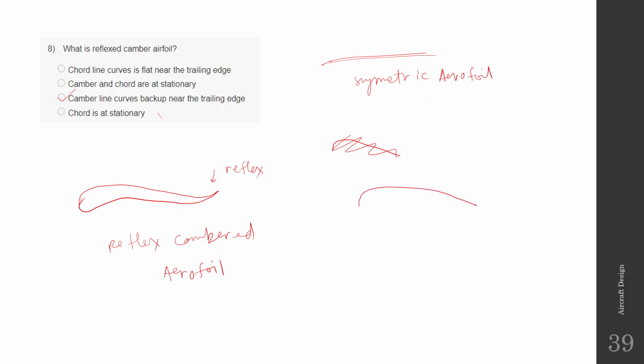You also have a cambered aerofoil like this. This is a normal cambered aerofoil. Cambered aerofoil and reflex cambered aerofoil are similar, but in case of the reflex one, it curves back up towards the tip. This is just the difference.